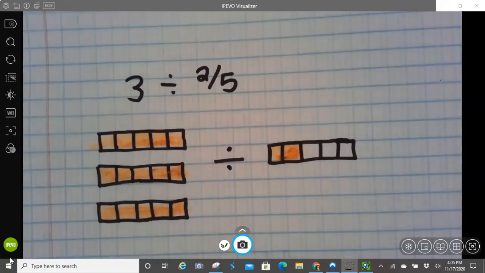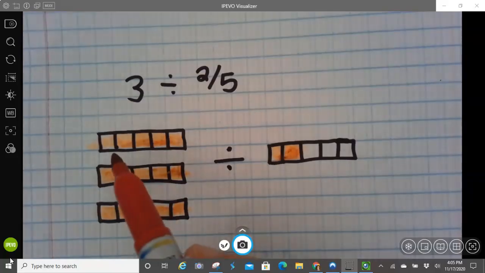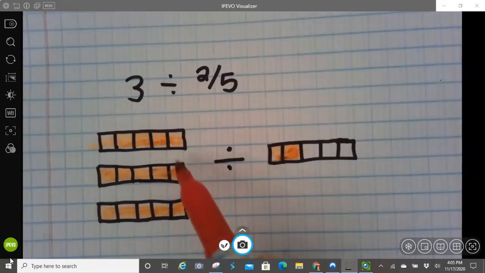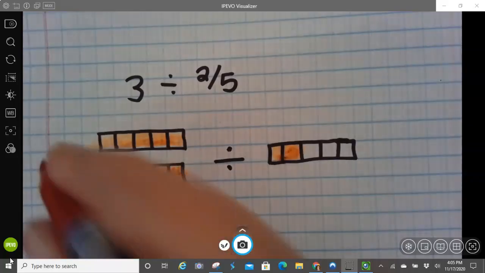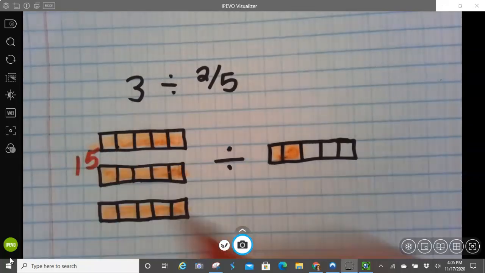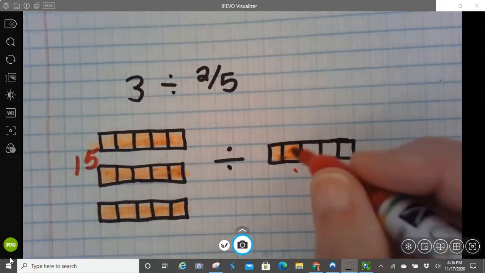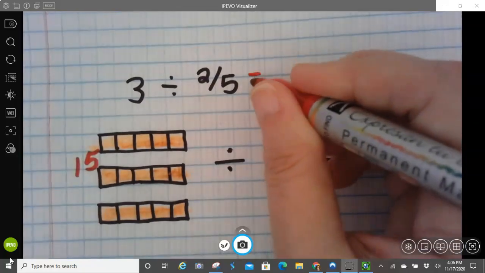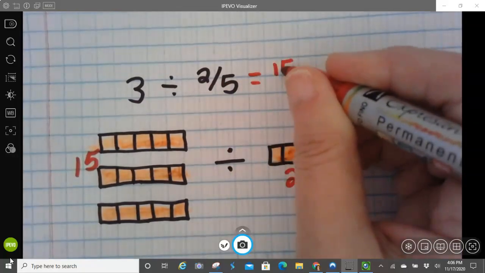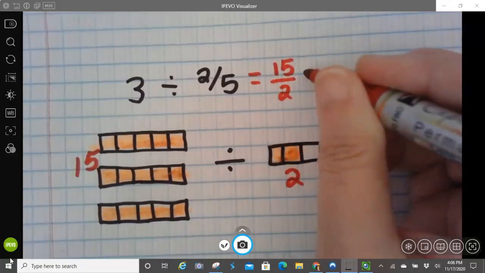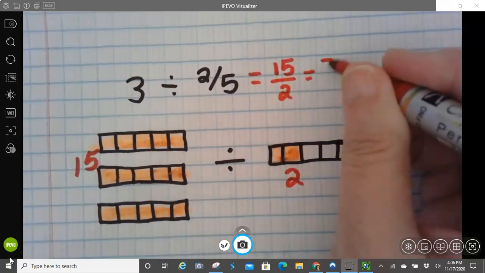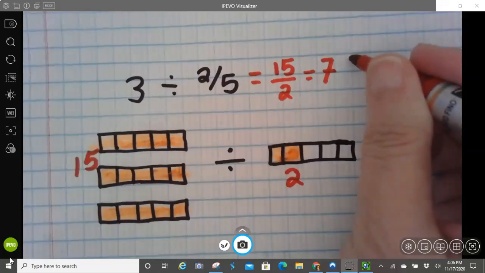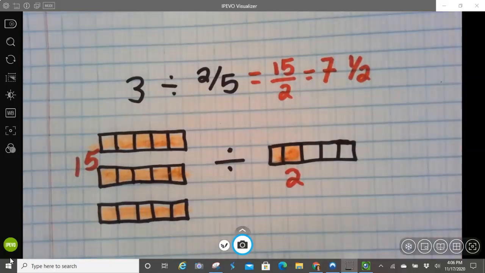Now it's time to count the boxes. So here I have 1, 2, 3, 4, 5, 10, 15. So on this side I have 15, and on this side I have 2. So that means that 3 divided by 2/5 is going to be 15 over 2. And 2 can go into 15 7 times, and I would have 1 left over.